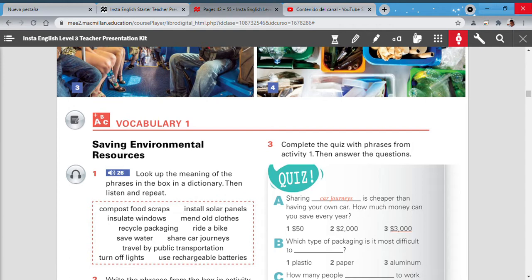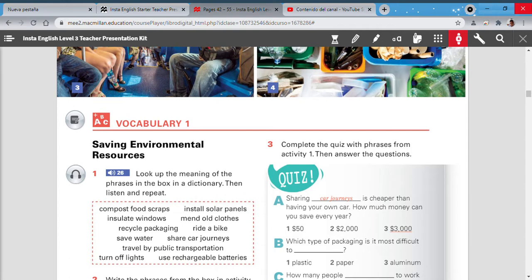Okay, let's see. If I say compost food scraps, no ideas? In Spanish it's like composta. When I say compost food scraps, we talk about fertilizers, fertilizantes, or in this case good things to put on your plants.